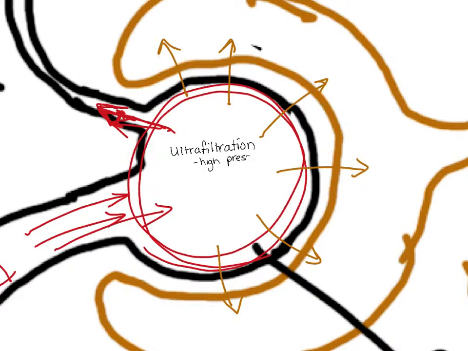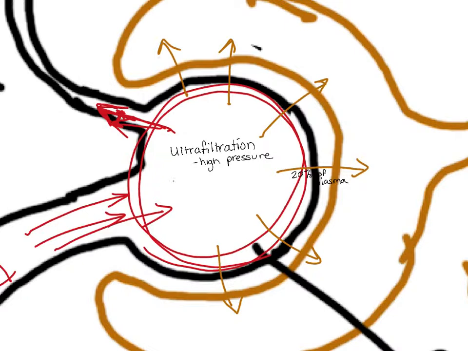So you have a high blood pressure within the glomerulus. And roughly 20% or so of plasma is going to be pushed from the capillaries into the Bowman's capsule, which you can kind of think as an open space that is just kind of circling around the glomerulus.